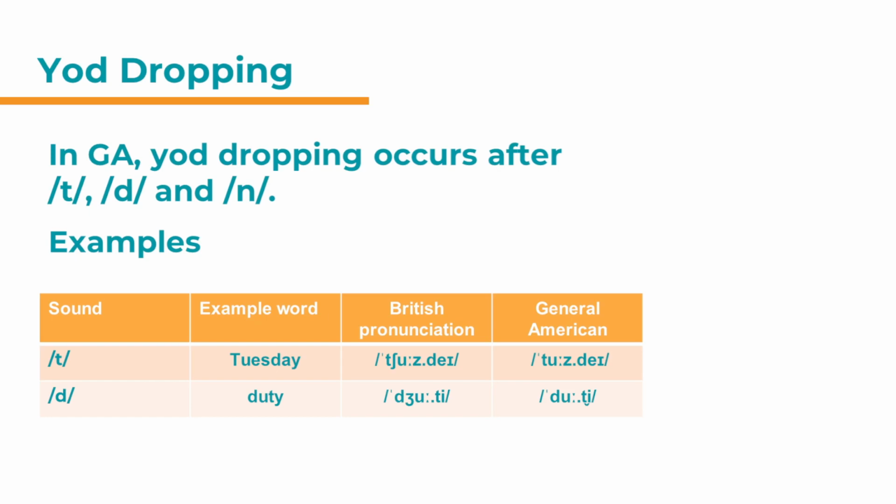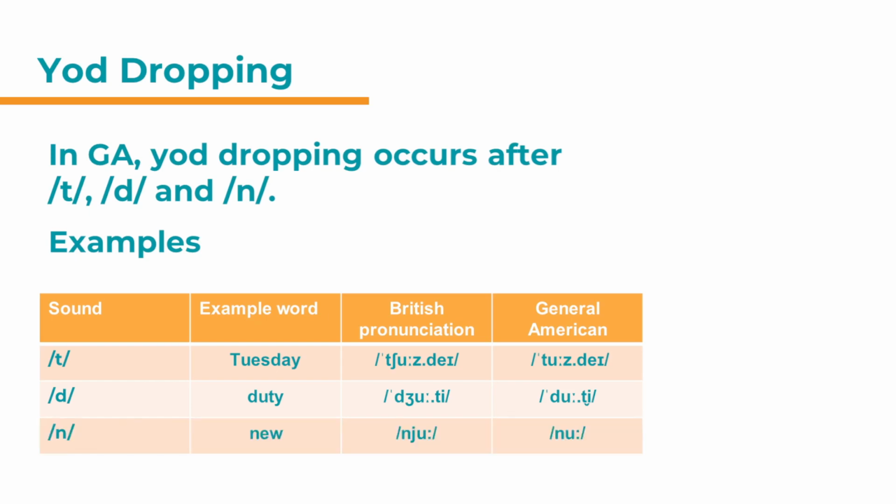Now here there are two differences, because first of all the y has disappeared, it's just do in the first syllable. But also in the last syllable, we have a very soft d sound instead of a t. So it's not a hard t. That would not be very American. Instead, it is duty. So you can hear it's quite a soft d sound. Almost sounds like a d, really, in the second syllable.